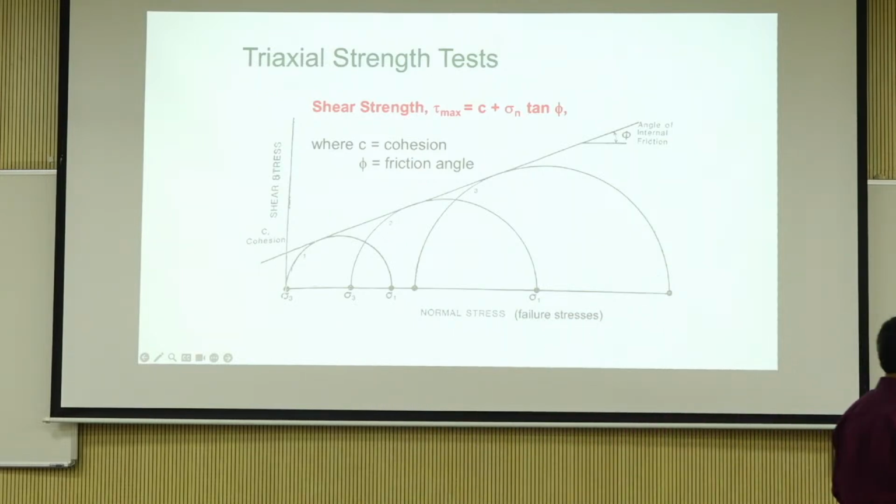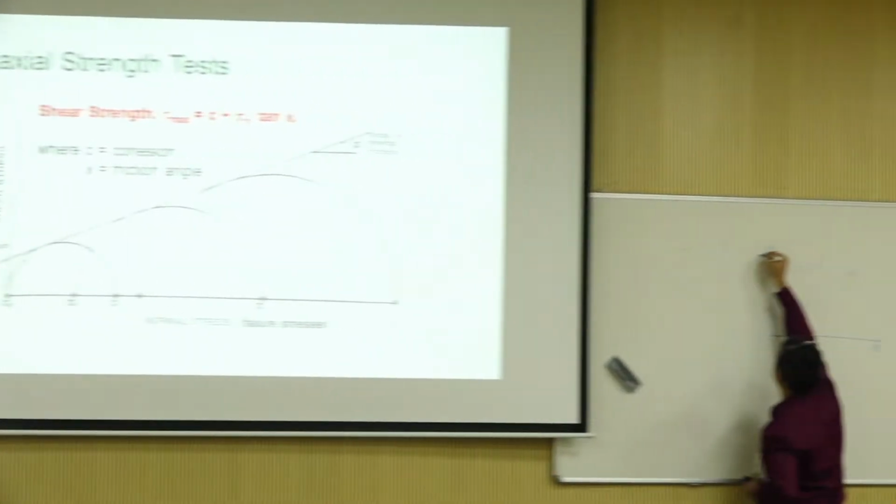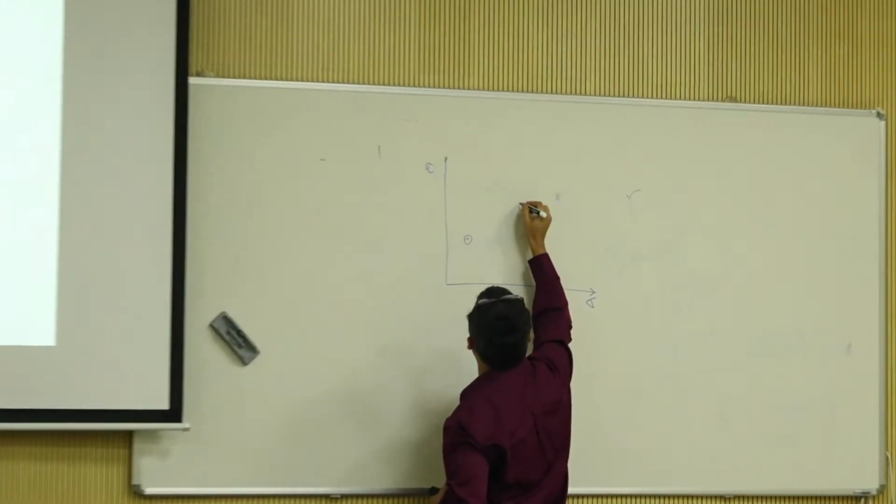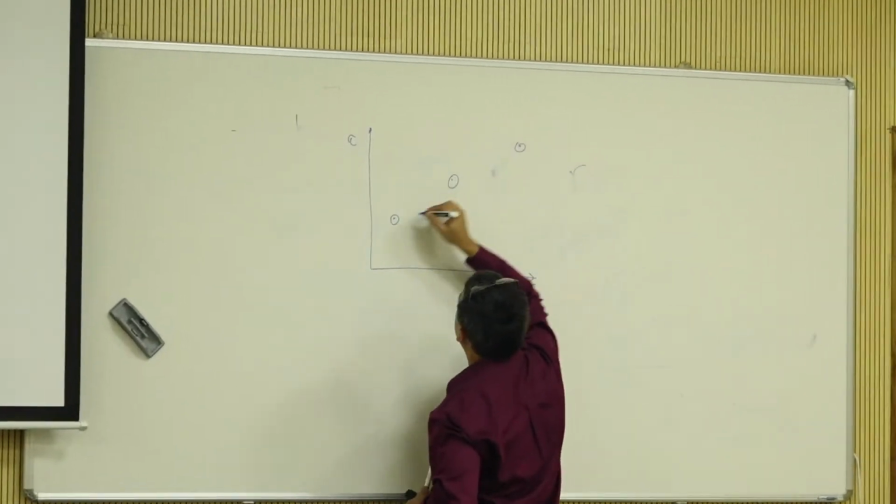So it's very straightforward. But why I am asking you that is because in direct shear, you have sigma and you have tau, and you get the points directly, right? You know that. You join that.